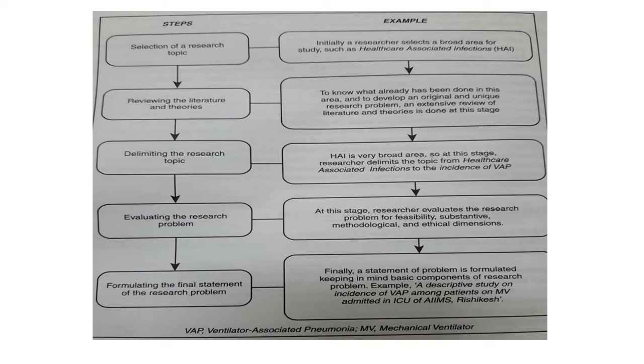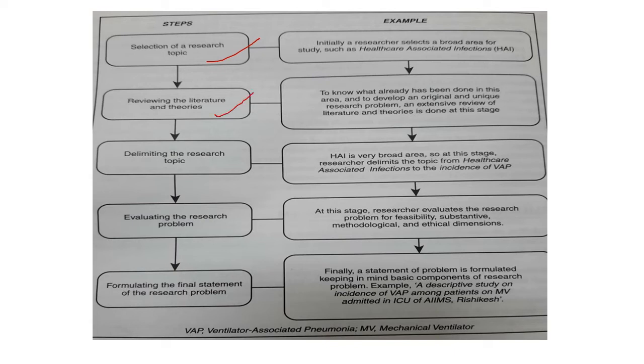We have already discussed finding the problem statement. There are some steps that we have to follow for formulating the research statement. The first is to select the research topic. How to select it, and from where you select the sources of the research topic, we have already discussed.